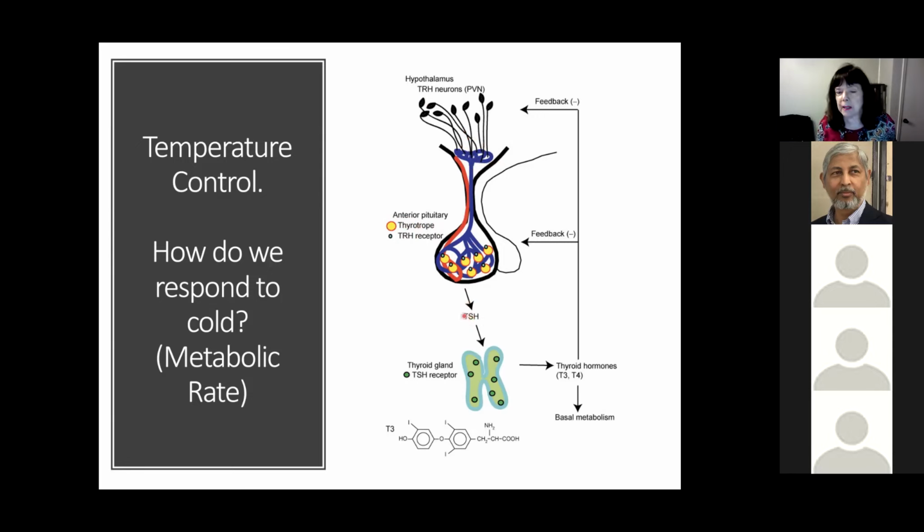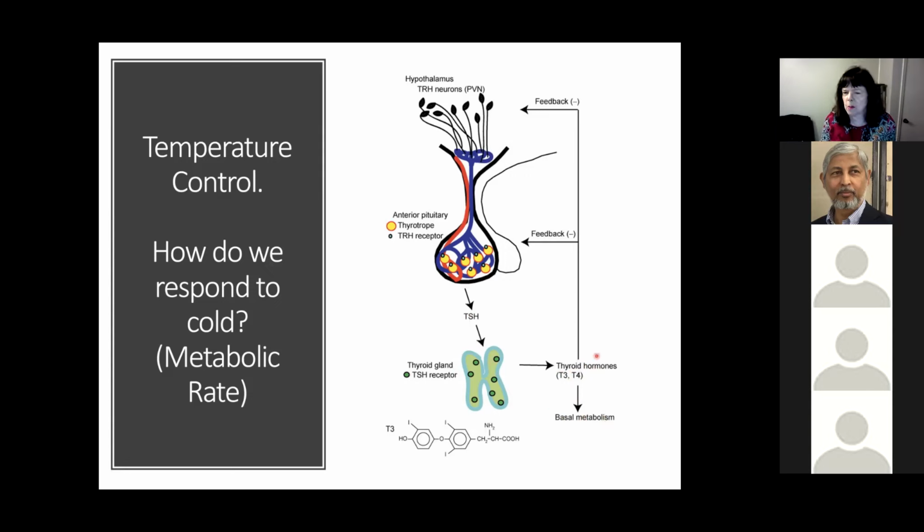Now, thyroid stimulating hormone is easy to figure out by its name. It stimulates the thyroid gland. And one of the things we need to do when we get cold is to increase our metabolic rate. And this is what the thyroid gland does. It produces two hormones, thyroid hormone T3 and T4, that will increase basal metabolism and get our metabolic rate functioning so we can respond to cold.